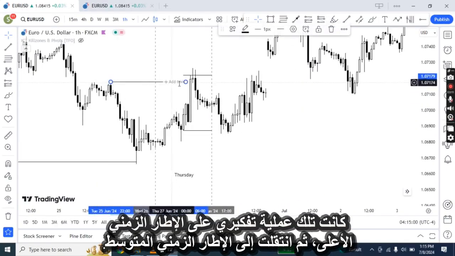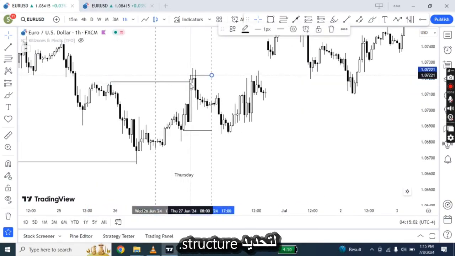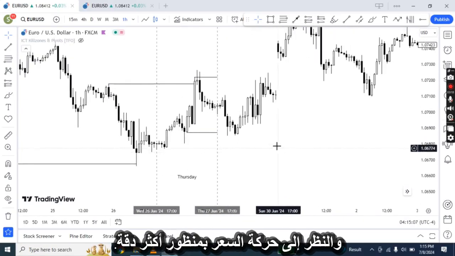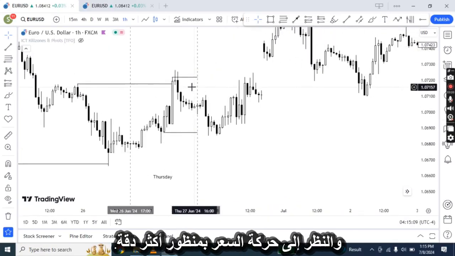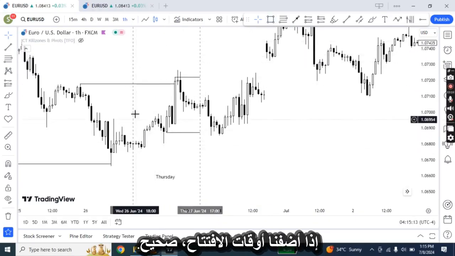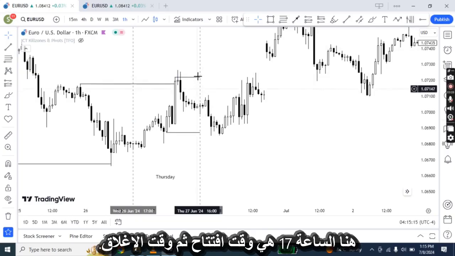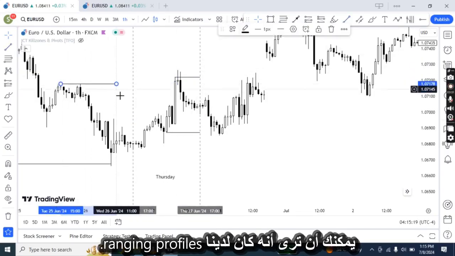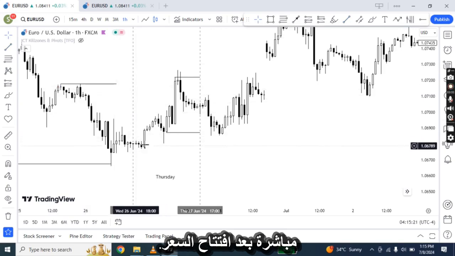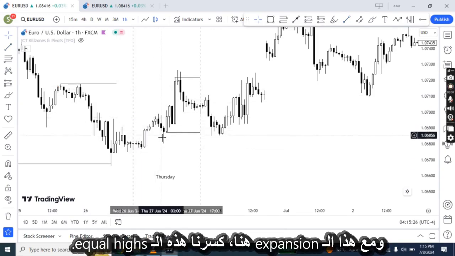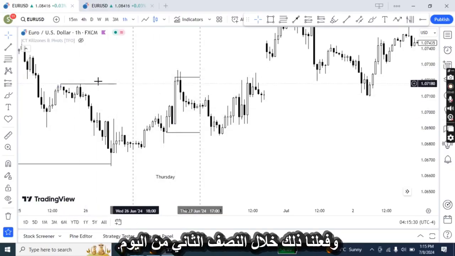Then I moved on to the intermediate time frame to determine structure and also add time factors to it, right? And so look at the price action with a more refined perspective. So here on the 1-hour time frame, you can see that if we add the opening times, here the 17 Eastern opening time and then the closing time, you can see that we had a ranging profile straight away after price opened, and then an expansion, and with this expansion right here we took out these equal highs, and we did that during the second half of the day.